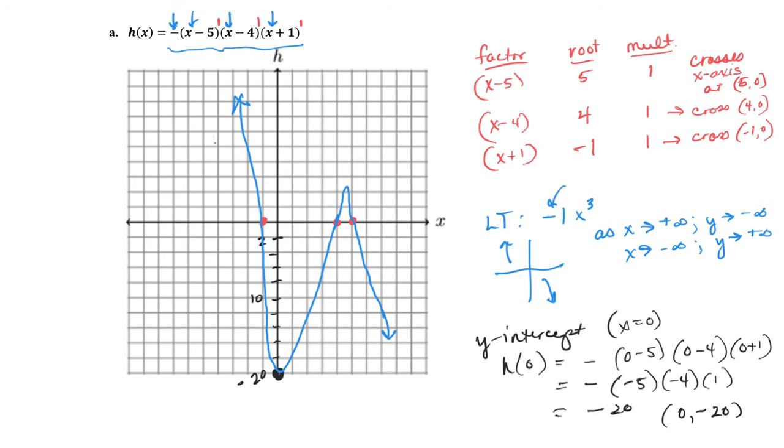So don't all of a sudden start snaking back and forth and up and down, because if there were additional x-intercepts, you would have found them, and if there was an additional y-intercept, you would have found it. Okay, so this is what your graph looks like.